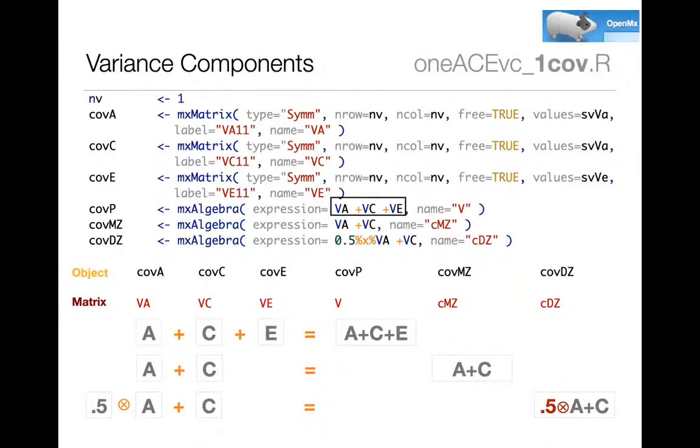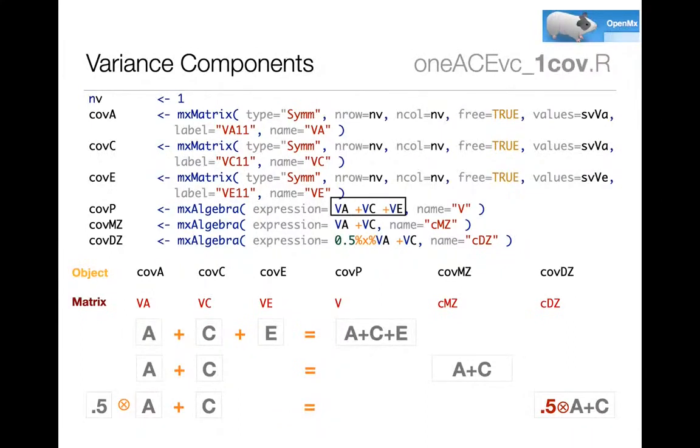Those are simply added up to get the expected total variance, and we can also add up the respective variance components to generate the expected MZ and DZ covariance, where the MZ covariance is A plus C, or VA plus VC, and the DZ covariance is a half VA plus VC.